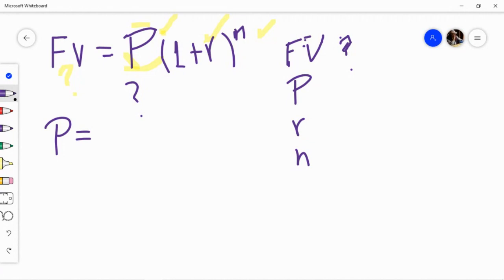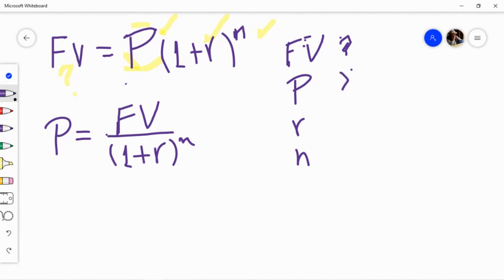So if we solve this equation for P, then principal is the unknown, and P is future value over (1 plus R) raised to N. If you're solving for principal with the future value known, this is called present value.